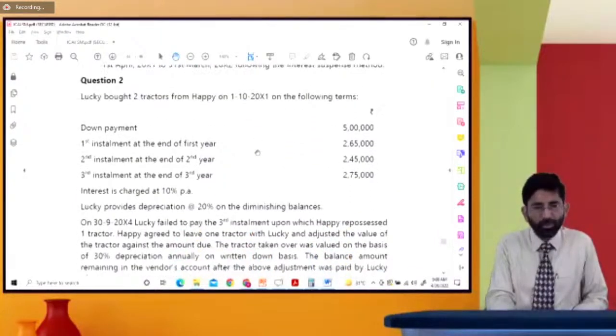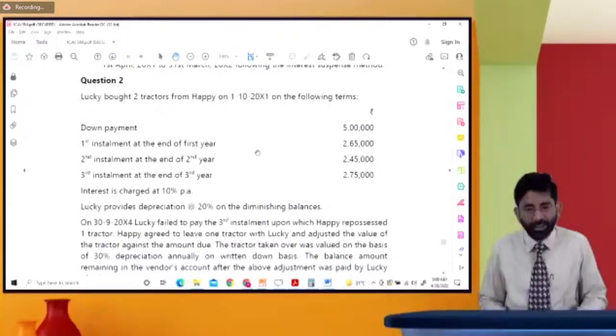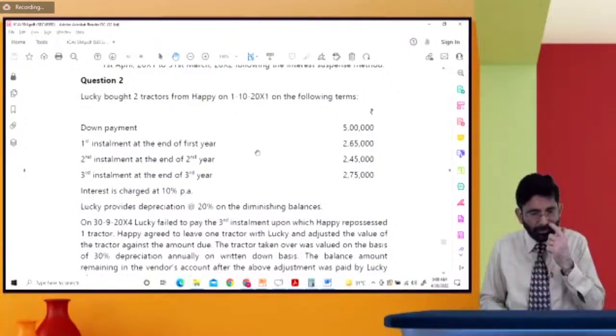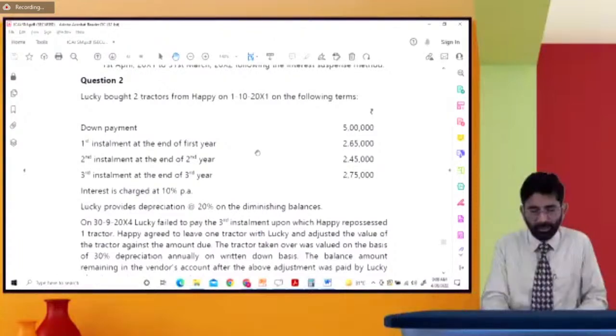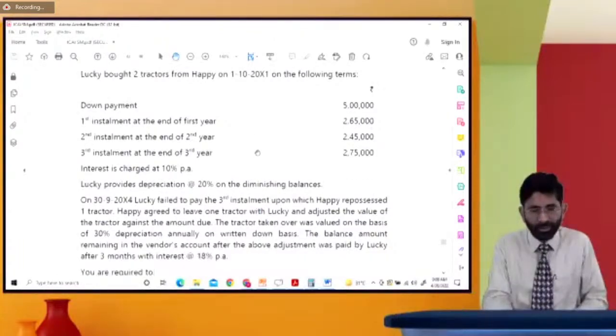Question number two. Lucky bought 2 tractors on the following terms. Down payment, first installment, second, third installment, and interest are given to you. On 30th September 2004, Lucky failed to pay the third installment, upon which Happy repossessed 1 tractor. Happy agreed to leave 1 tractor with Lucky and adjusted the value of the tractor against the amount due on return on value basis.